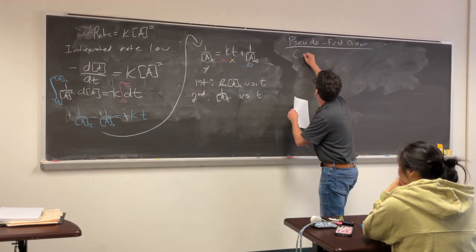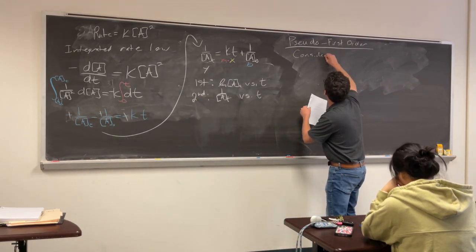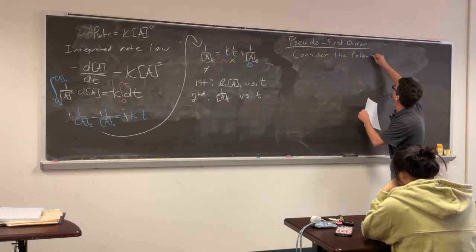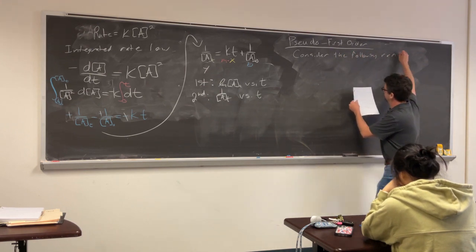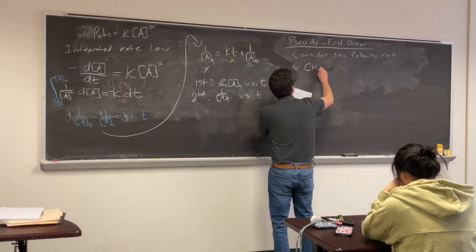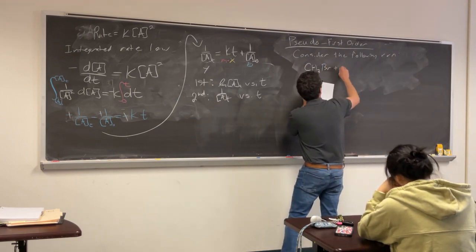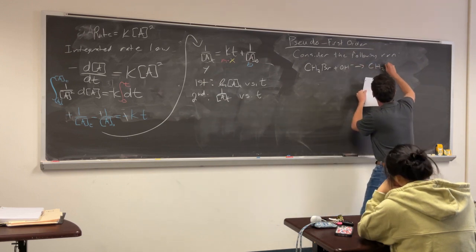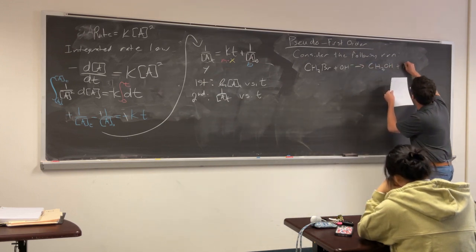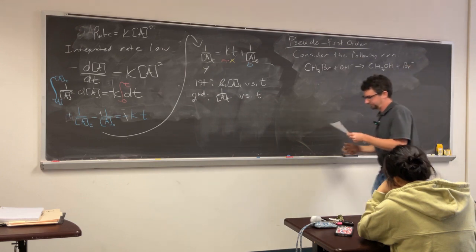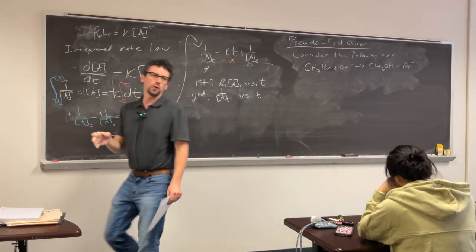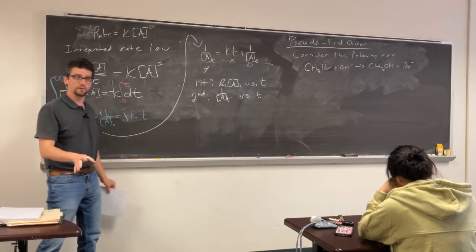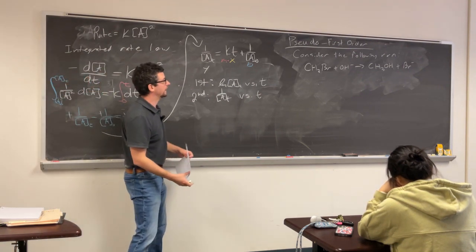So let's say we consider the following reaction. We're going to say this reaction is an elementary reaction. We're going to describe those more in a little bit when we talk about mechanisms.